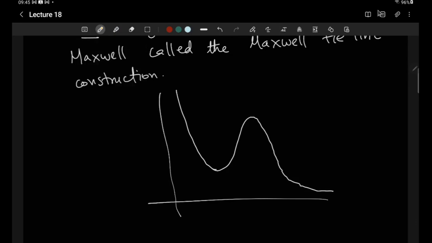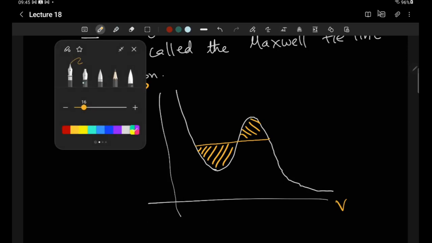So this is P versus V. It says draw a horizontal line like this, such that these two areas are equal. And this yellow straight line is the Maxwell tie line.